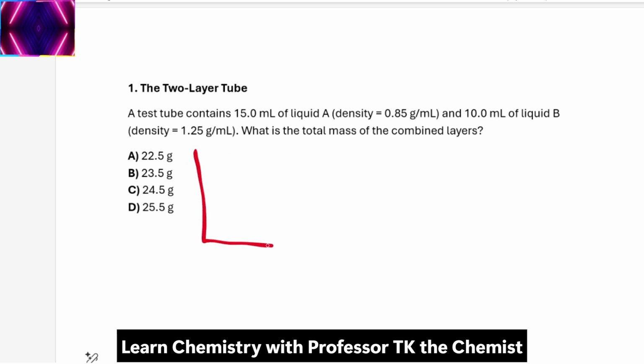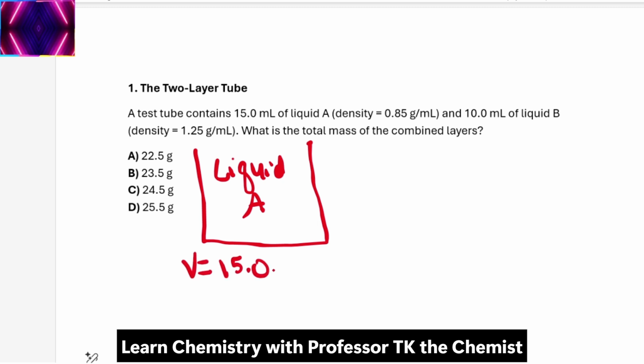So liquid A. They told you that your test tube contained 15.0 milliliters for liquid A, and they told you that the density was 0.85 grams per milliliter.